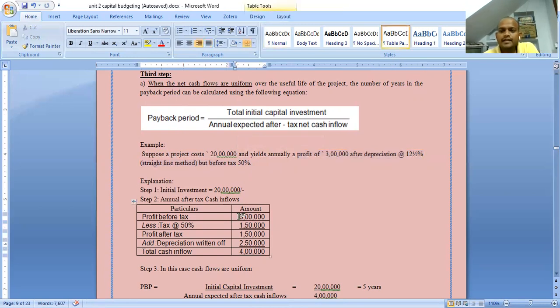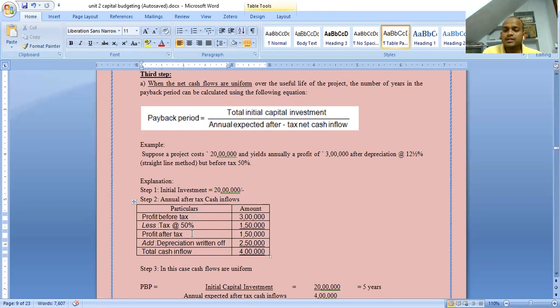Already they deducted the depreciation at the rate of 12.5 percent. Now we have to deduct the tax amount. So profit before tax is 3 lakhs, less tax amount 1,50,000, so we get the profit after tax of 1,50,000. Add depreciation written off.